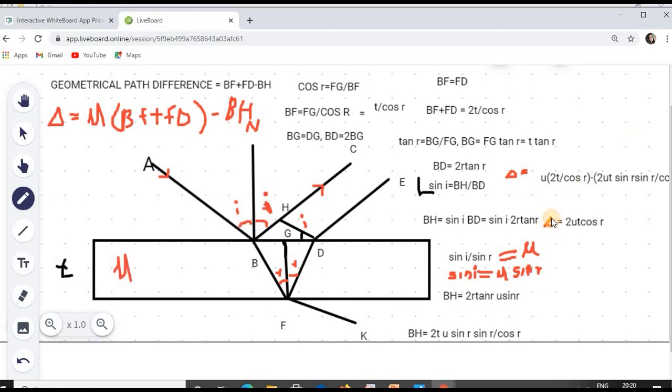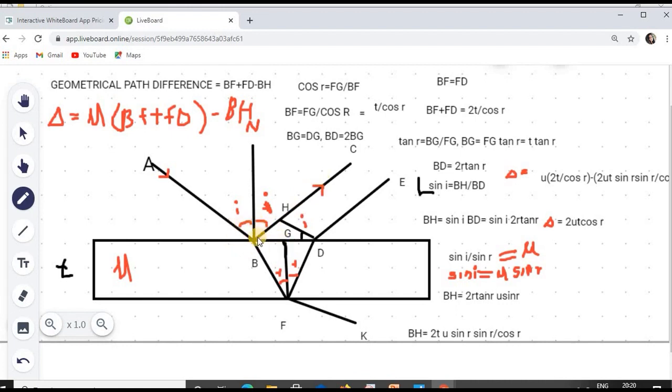And the next condition is that the light gets reflected from a rarer medium. It hits the denser medium and is reflected back. Normally, there will be a path difference of lambda by 2, or phase difference of pi.